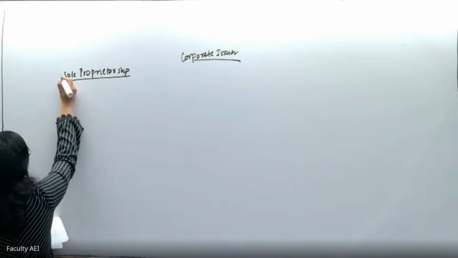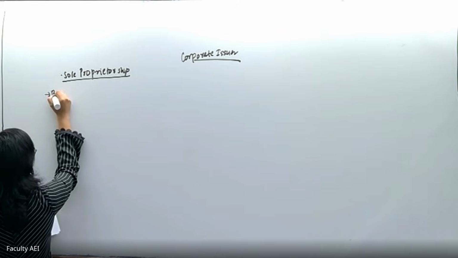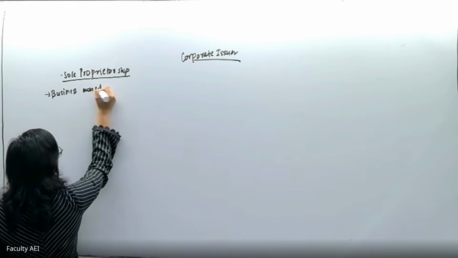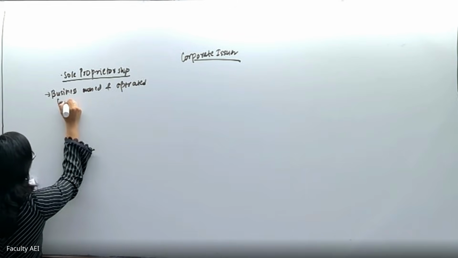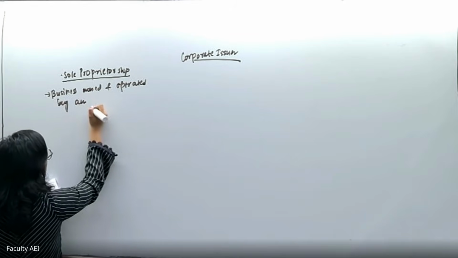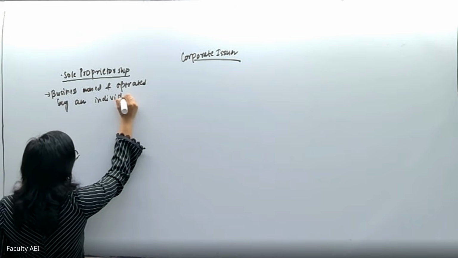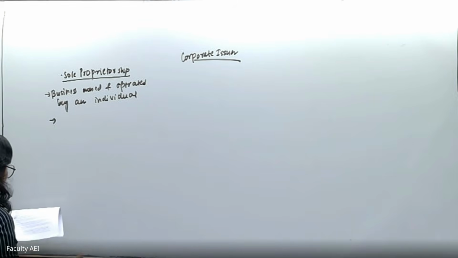So what are the features of a sole proprietorship kind of organization structure? It is a business owned and operated by an individual. By the name we can see, there's a sole proprietor, a single person who owns the business and conducts its operations.